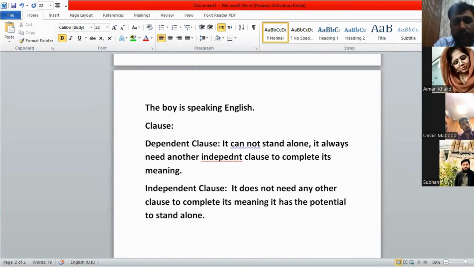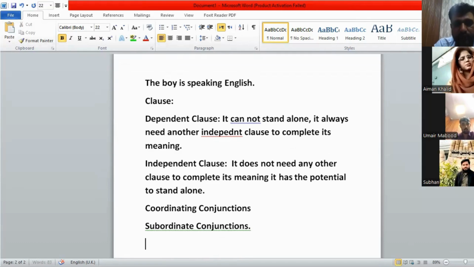Now, the students are taught about coordinating conjunctions and subordinate conjunctions. Okay, fine.